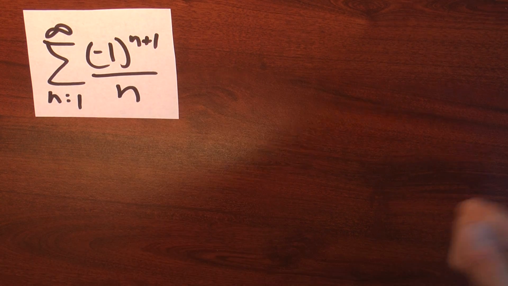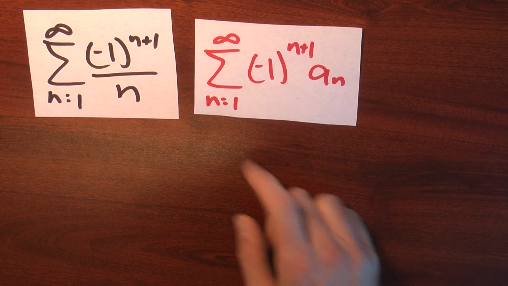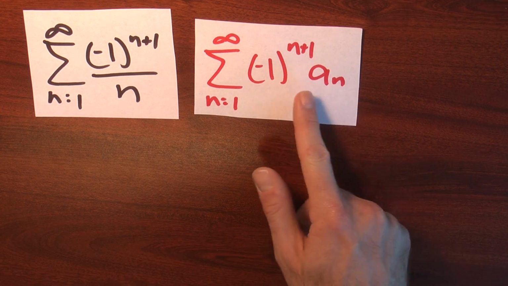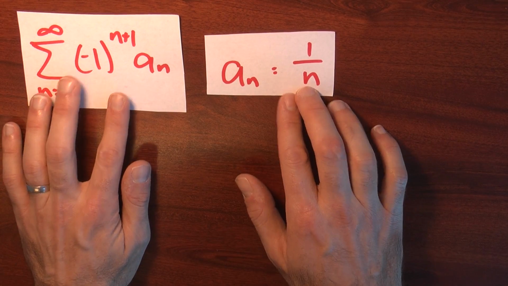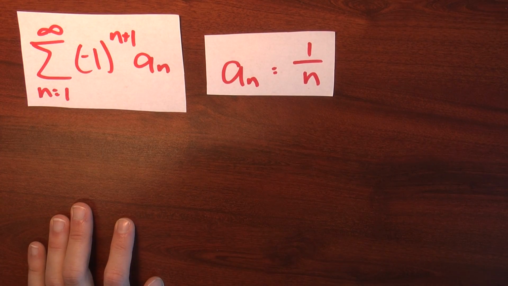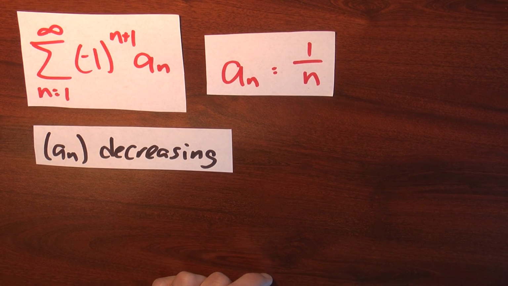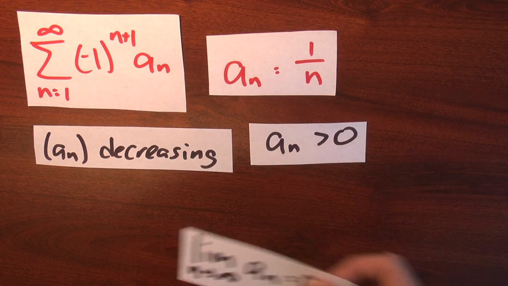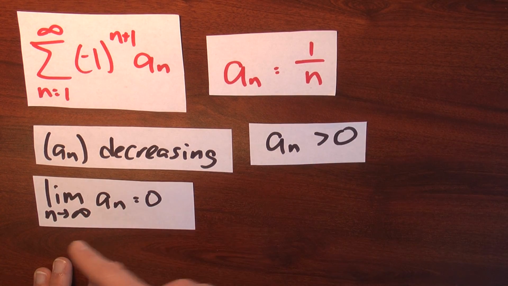And indeed, the alternating series test comes to save the day. I'll rewrite this series as the sum from n equals 1 to infinity of negative 1 to the n plus 1 times a sub n, where a sub n is 1 over n. Now I note that the sequence a sub n is a decreasing sequence, all of its terms are positive, and the limit of a sub n is 0, just the limit of 1 over n as n approaches infinity.